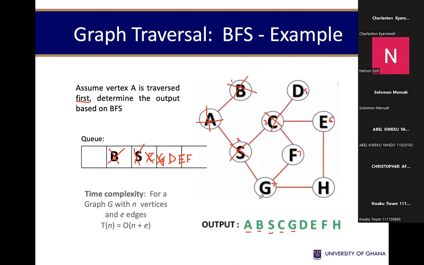But J is adjacent to H. So I'm going to add H at the end of the queue. So this one becomes 8. And of course, J has to go away.